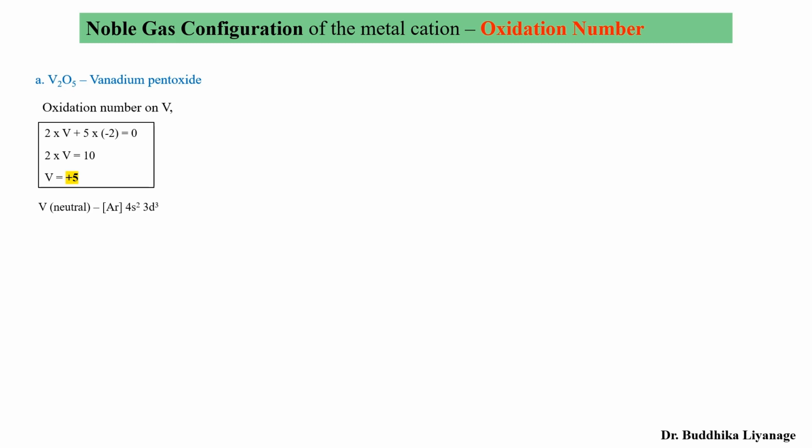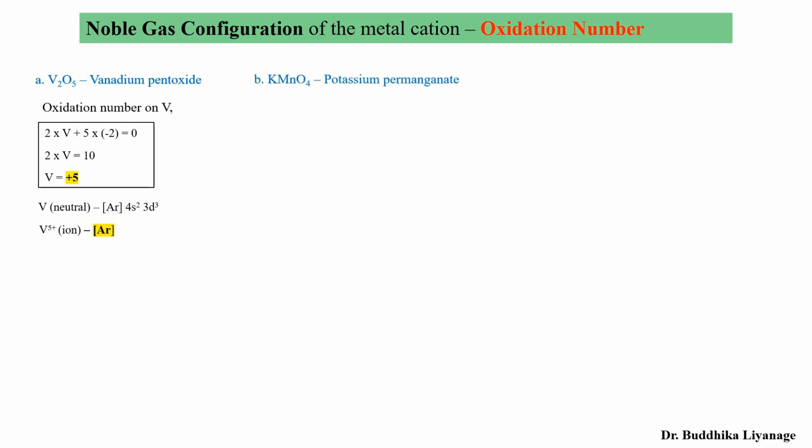The reason is 4s is lower in energy than 3d. However, when we are removing electrons, we need to remove from the outer shell, that is, the larger n number shell, first and then the lower shells. So here first we need to remove 4s electrons and then come to the 3d. So after removing all 5 electrons, 4s2 and 3d3, the vanadium +5 configuration is equal to the argon configuration.